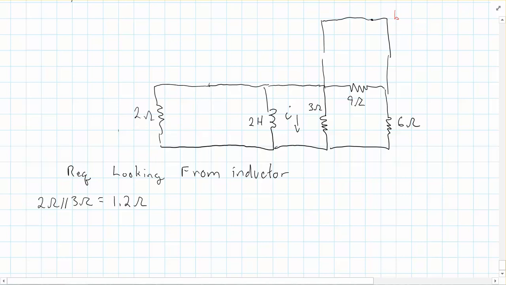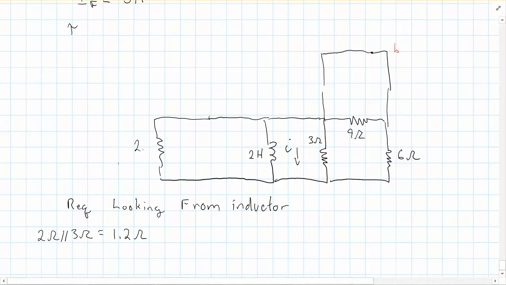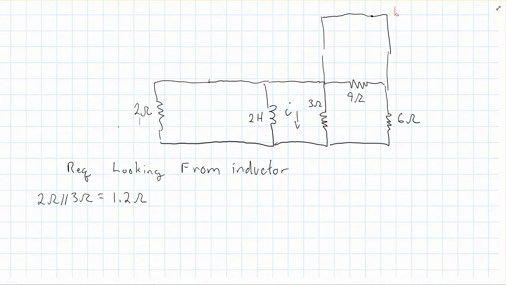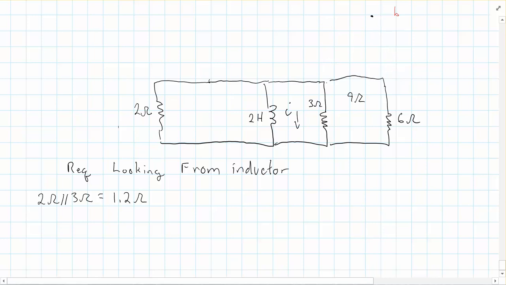Now let's take a look at the other side, because this 2 ohms is now in parallel with that 2 Henry. If we look at this other side, first off, notice that there's a wire here shorting out the 9 ohm resistor. So that is not even there, and I'll draw this here. So we have this.